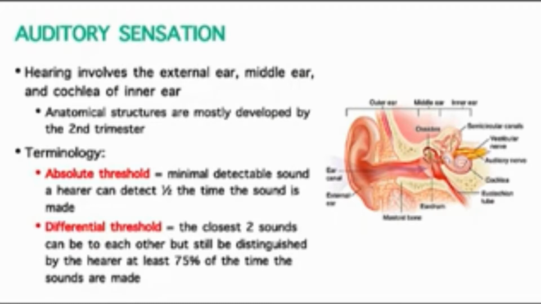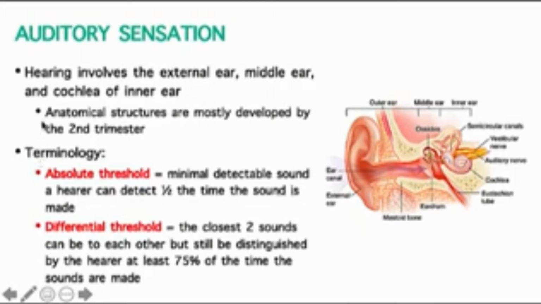So hearing involves all of these different parts of the ear, specifically the inner cochlear part of the ear. That's where the actual receptors are. Everything else is just a sound wave transduction pathway to get to the sensory receptors.